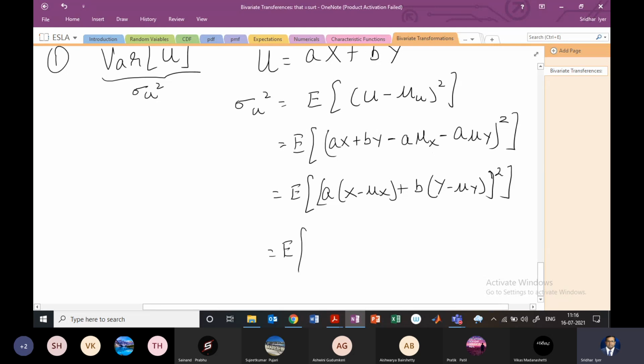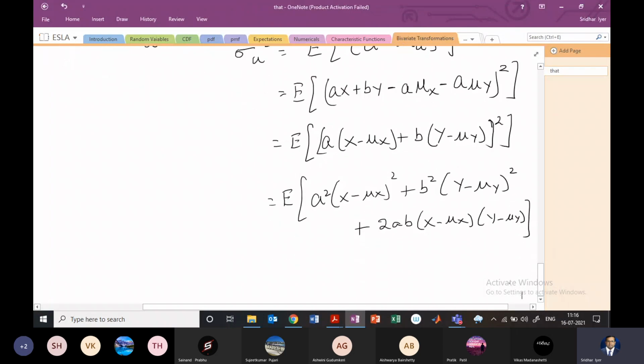Therefore, we can write this as E of a square x minus mu x the whole square plus b square y minus mu y the whole square plus 2ab x minus mu x into y minus mu y. Now expectation is a linear operator, and the expectation of a constant doesn't matter, so I can take the constants out.